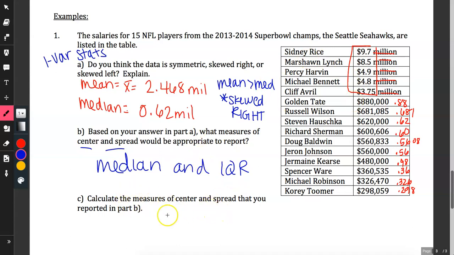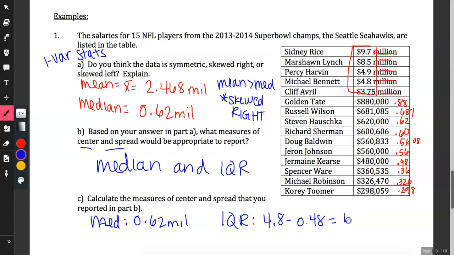Calculate the measures of center and spread that you reported. So the median we already did, 0.62 million. And the IQR would be Q3 minus Q1. So you might have to look back at one of our stats again, but that would be 4.8 minus 0.48, which gives us 4.32 million.